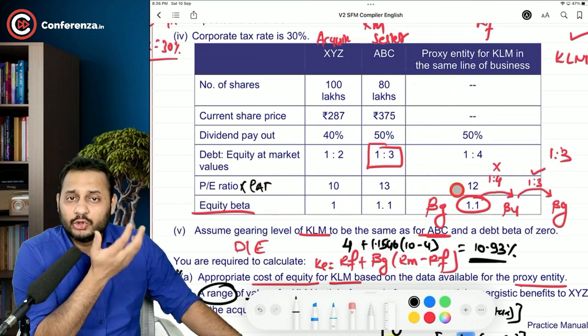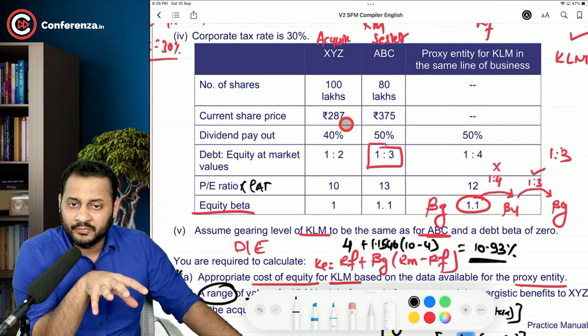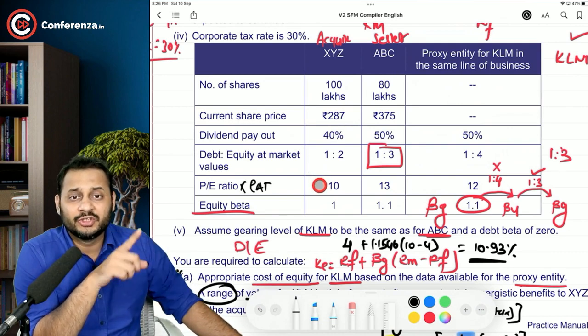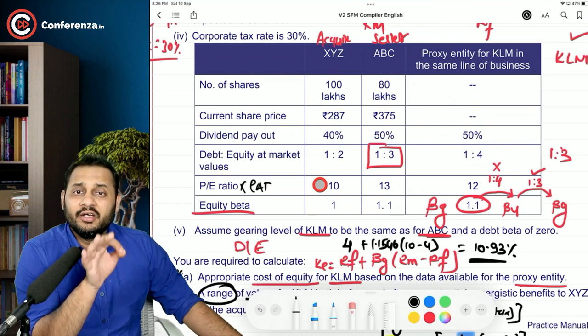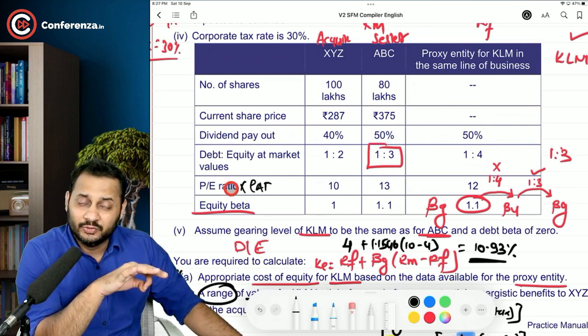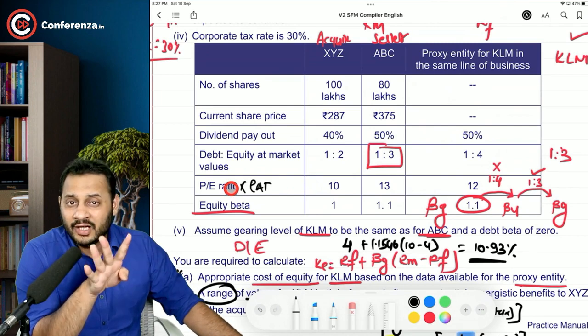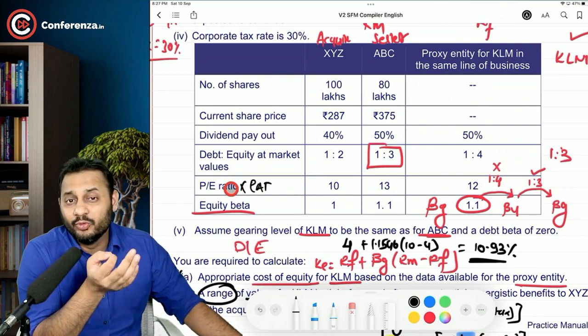But we can also argue on the fact that XYZ is buying that company. XYZ is buying that KLM, so XYZ will use its own PE ratio. So now there will be two different views for two different values. There will be in total 4 answers for pre-synergistic and 4 answers for post-synergistic.